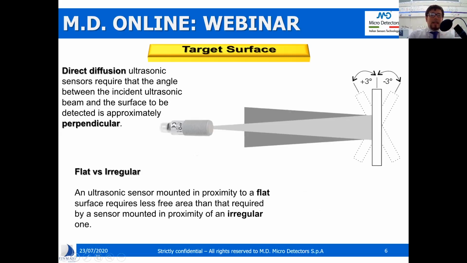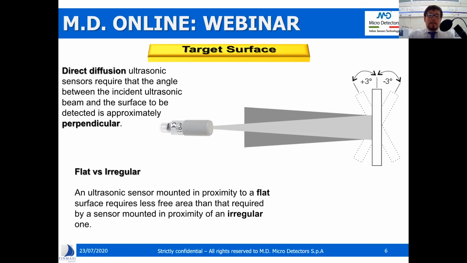What about the target surface? First of all, we have to say that with a direct diffusion mode sensor, the surface should be almost perpendicular to the acoustic cone axis, because only in this way it is possible to have the maximum reflection, so to have the maximum effectiveness in terms of object detection.